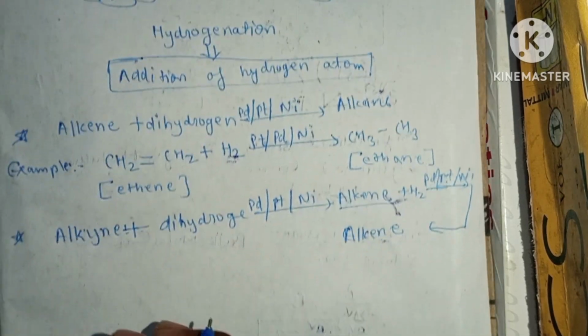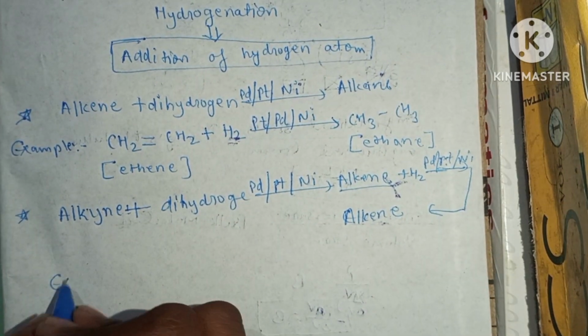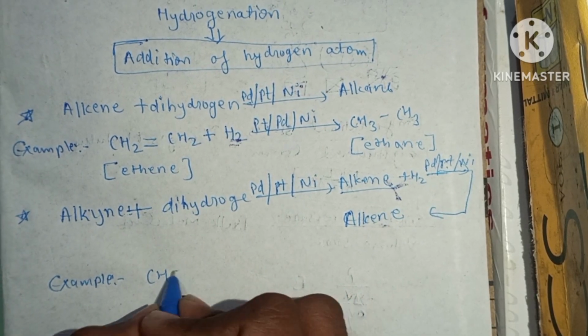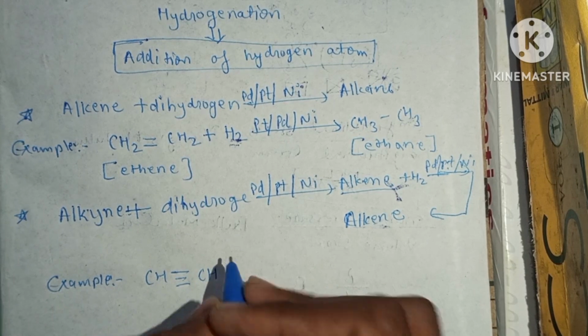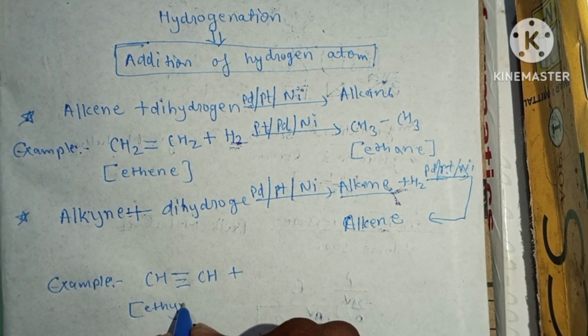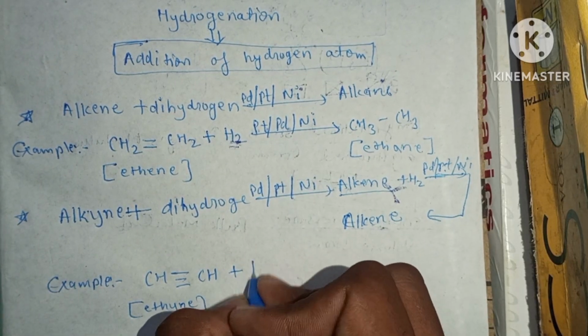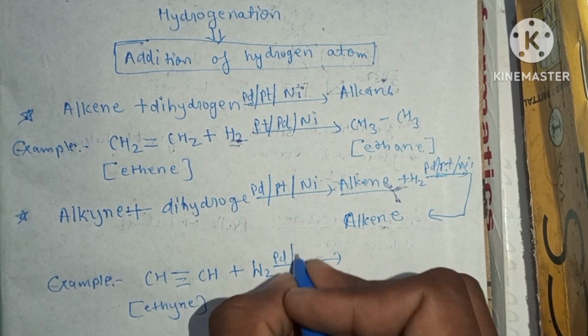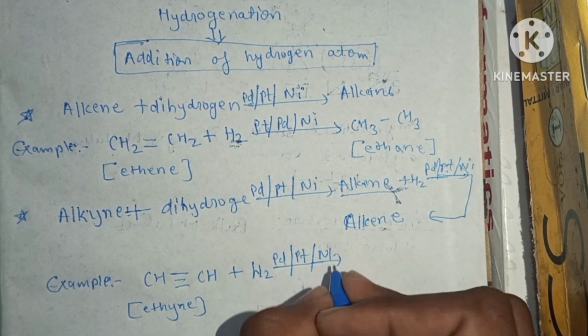Take also an example of this. Example: this is CH triple bond CH, ethyne, plus H2 in the presence of palladium, platinum or nickel catalyst.